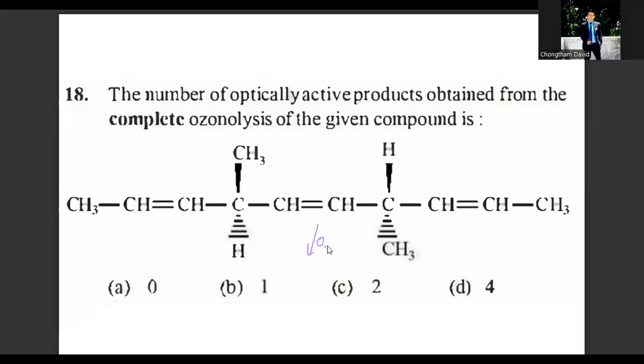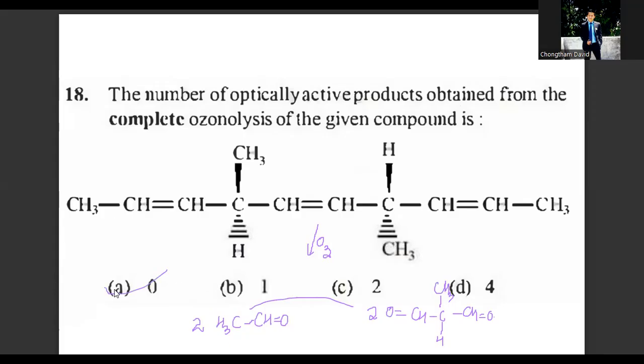When it undergoes ozonolysis by addition of ozone, it gives you 2 moles of an achiral compound. You can name this. This is your acetaldehyde. This is achiral. And in another case, you have 2 moles of another achiral compound, CH3CH=O. So both are optically inactive. Both are achiral. So it will be 0.